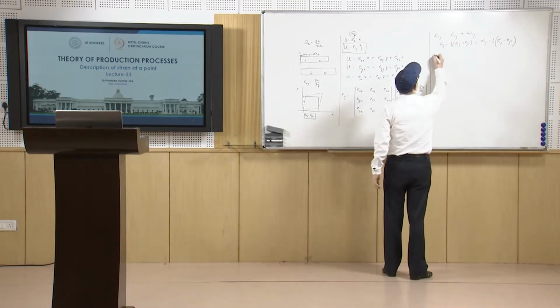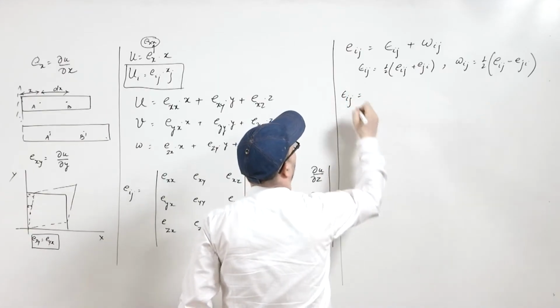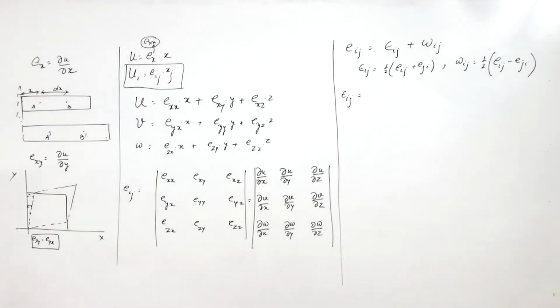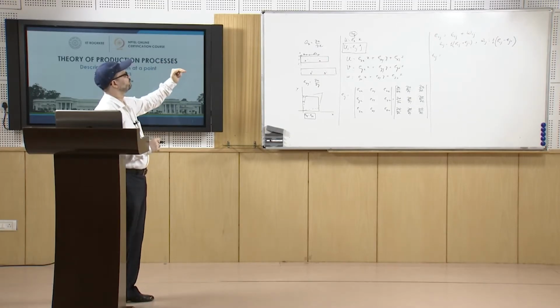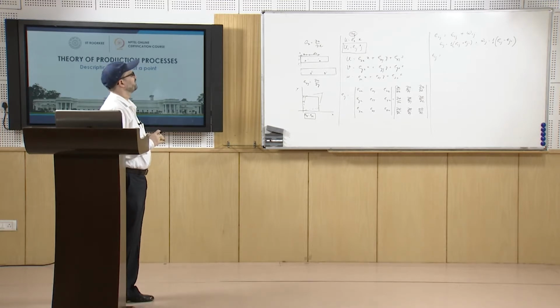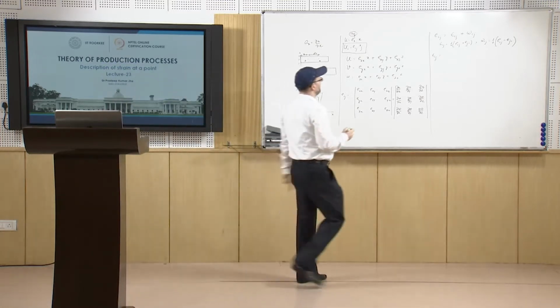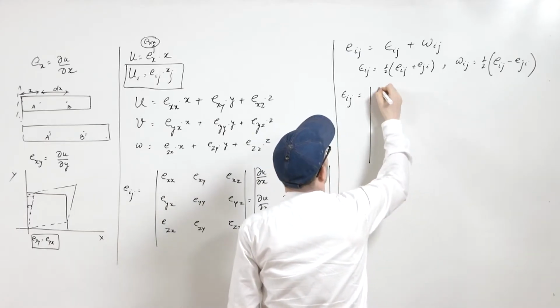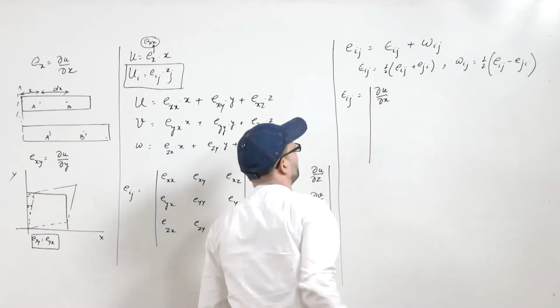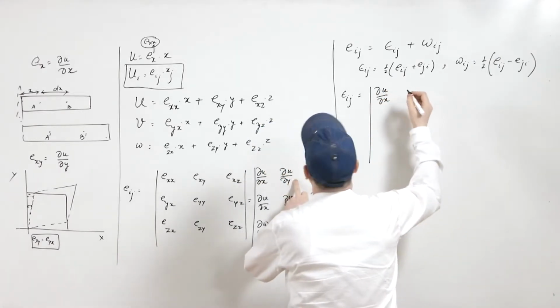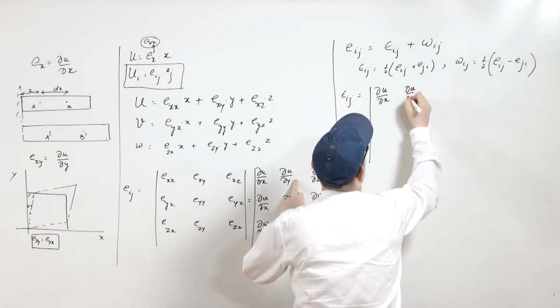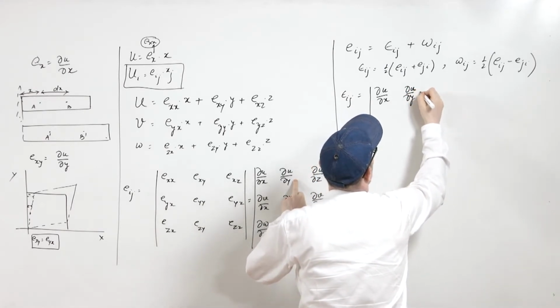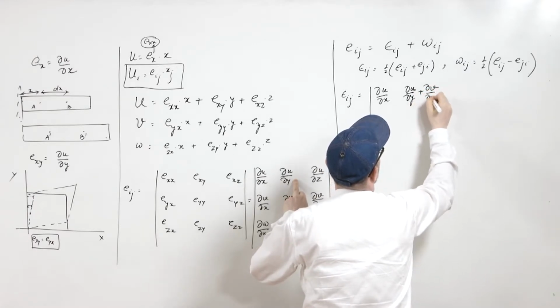Now if you take epsilon ij, the diagonal terms will be the same, dou u by dou x. All the other terms will be changing, but it will be a symmetric matrix. So you will have dou u by dou x, then this term will be dou u by dou y plus dou v by dou x.